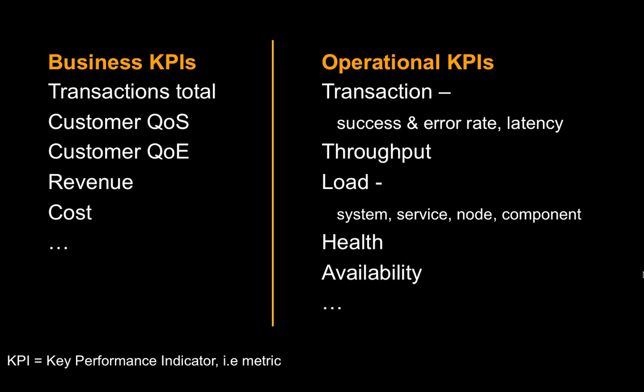And then, what is the implied load on your system from the customer traffic? On system level, on services level, then on node level, on smaller granularity, and on component level, where the component could be, for example, a piece of code. So you want to know the load on your system. You will want to know the health of your system and the general availability of your system, and many, many other metrics on the operational side as well.